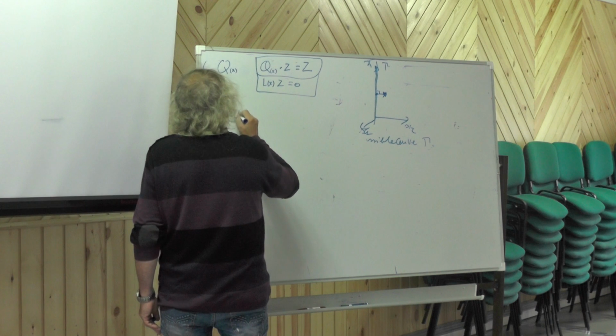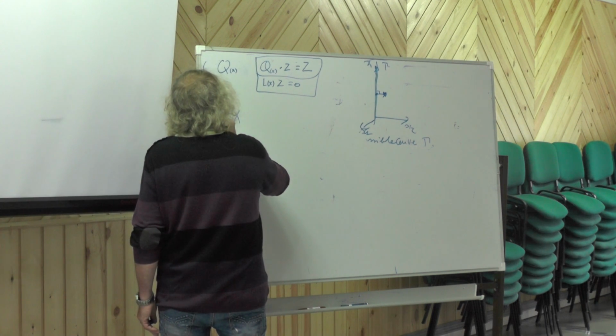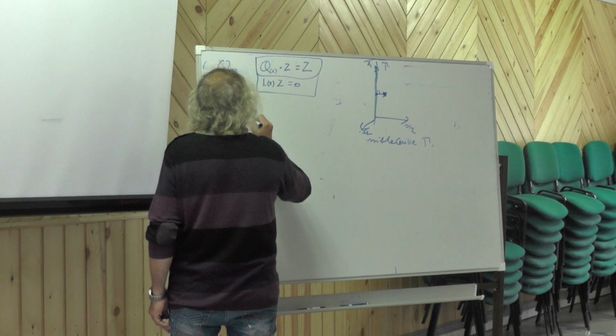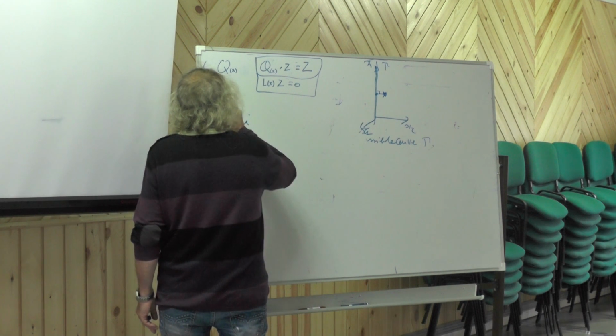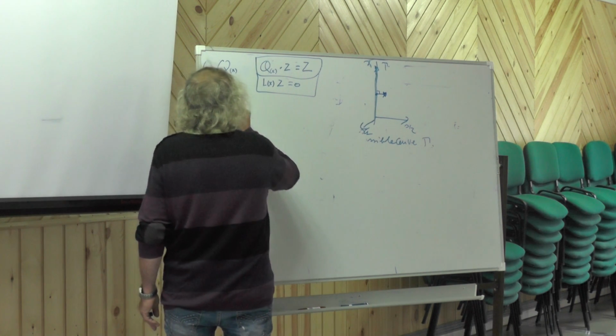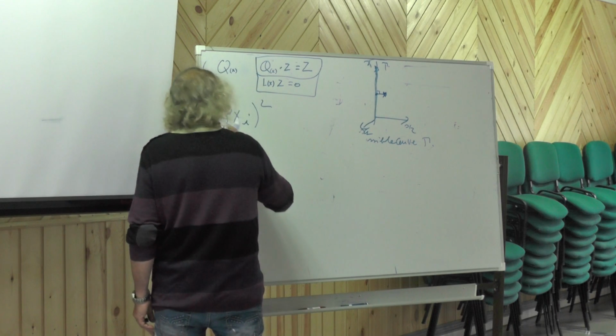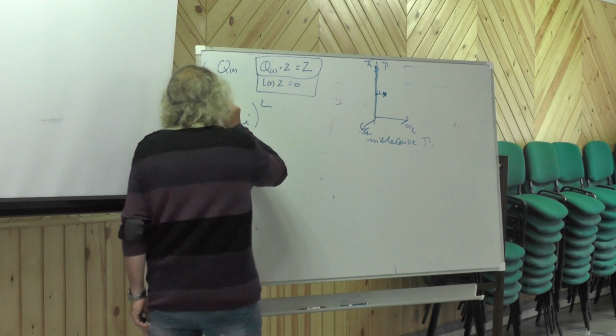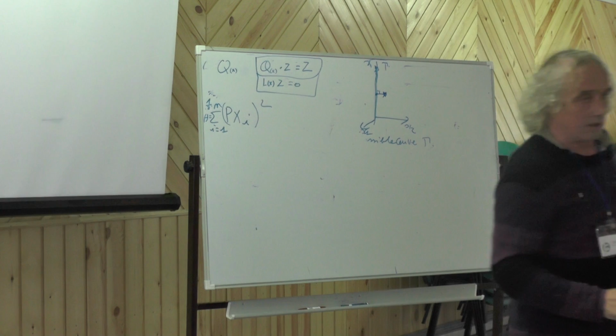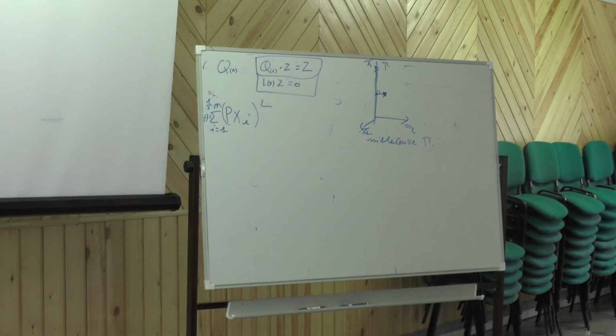I consider this Hamiltonian: H equals the sum from 1 to n of p_xi squared. Maybe I put 1/2, for normalization reasons.